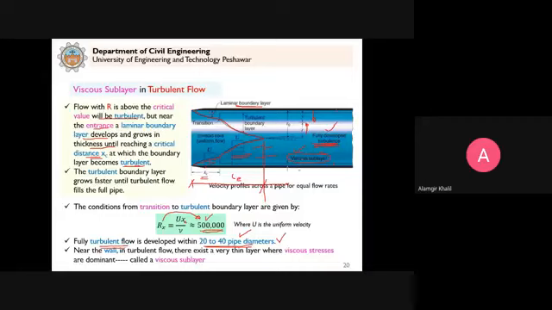Study it, read it. A laminar-like flow layer will continue where viscosity is the dominating factor, and this layer is known as the viscous sublayer. Clear? Because viscous stresses are dominating in this layer. So this is about the viscous sublayer that is developed in the turbulent flow.